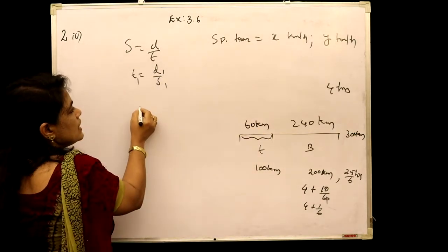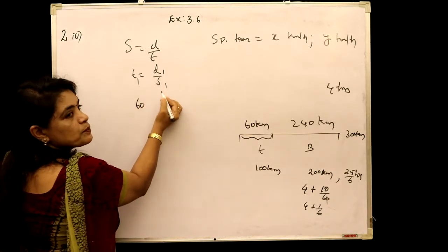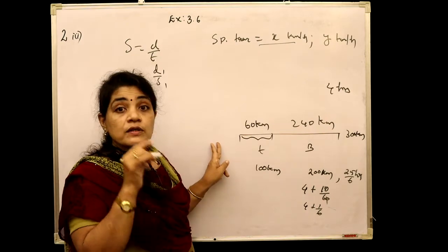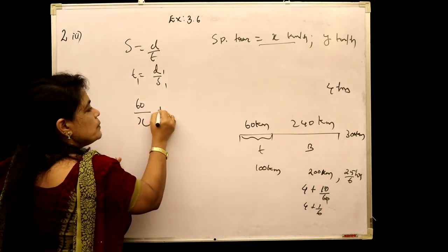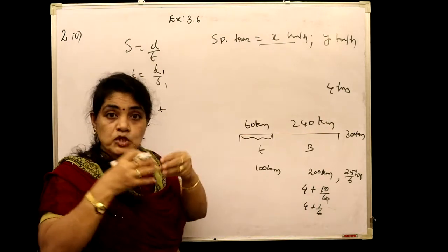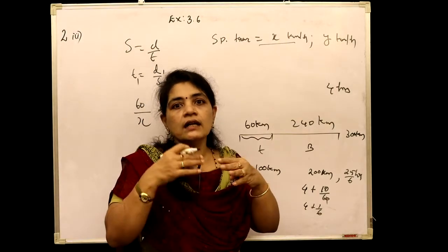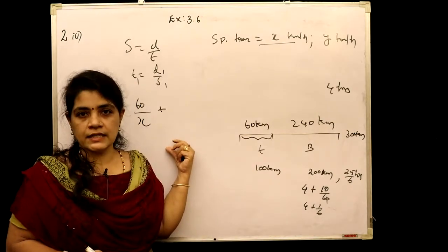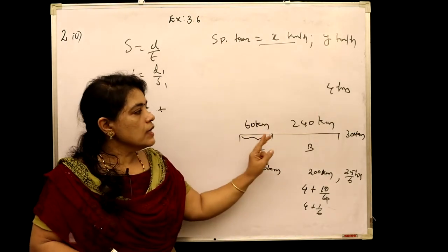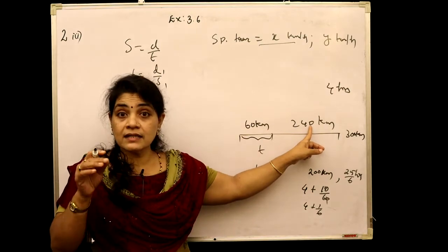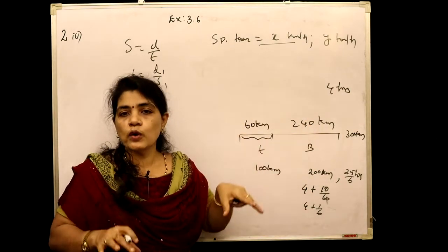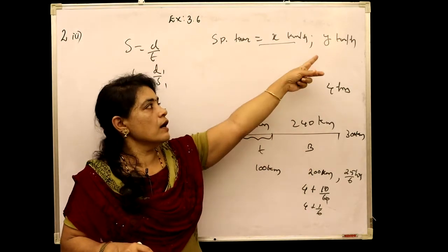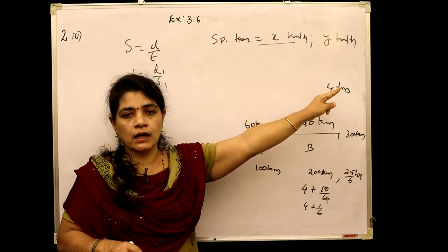So 60 distance by speed. For train we have taken the speed as x. So 60 by x plus, both together she has taken 4 hours for travelling 300 kilometers. So 60 by x, and in the next case, the distance travelled is 200, and that is by bus, and its speed we have taken as y kilometers per hour.